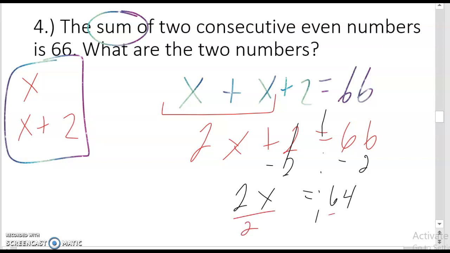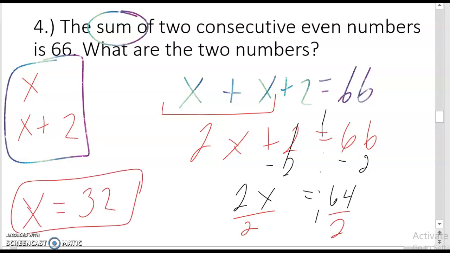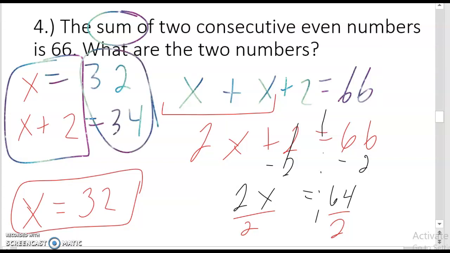I can divide both sides by 2 to isolate the variable, and I find out that the x value is 32. Now, what are the two numbers? If my first even number is 32, then the next one is 2 more than that, which is 34. So here we are with our two consecutive even numbers, 32 and 34.